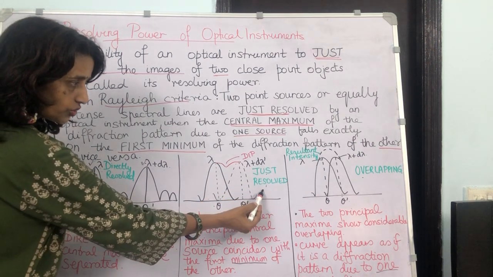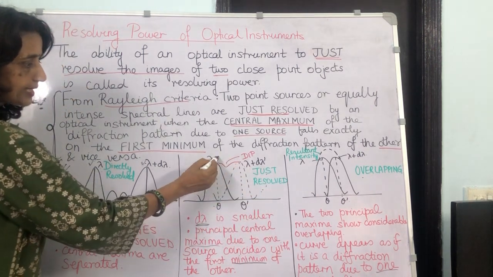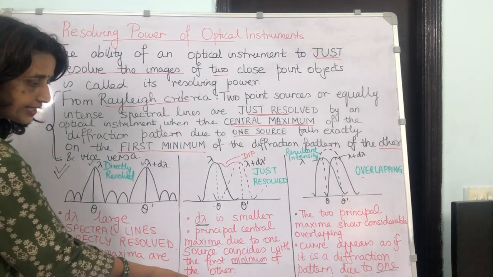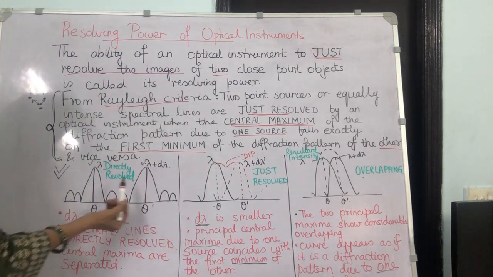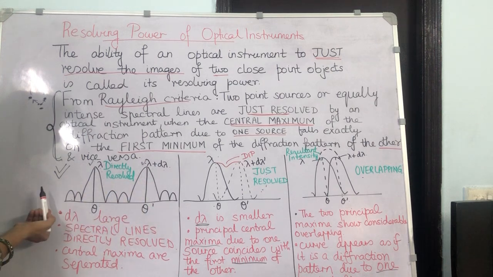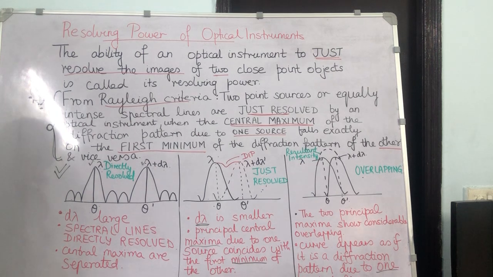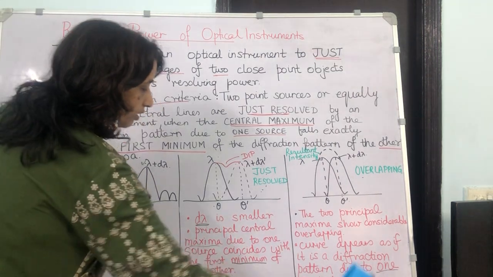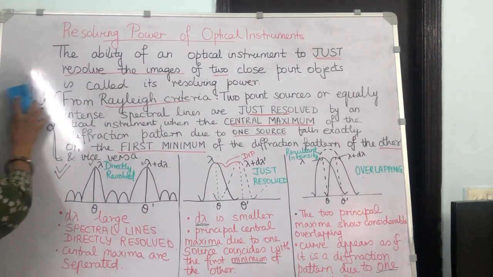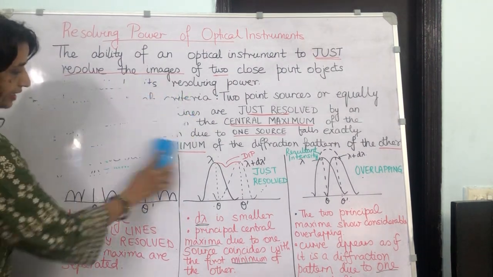In the second case they are just resolved, satisfying the Rayleigh criteria of resolution. So this is what is meant by the resolving power of an optical instrument and the criteria given by Rayleigh.